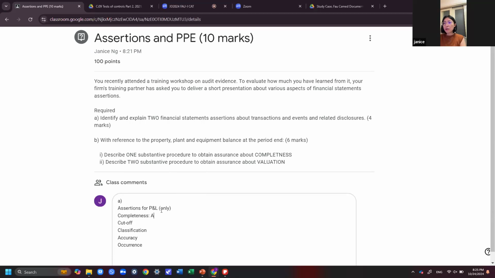We want to ensure all transactions that should be recorded are properly recorded. Because they want you to identify and explain, you want to explain. So there is no missing transaction.